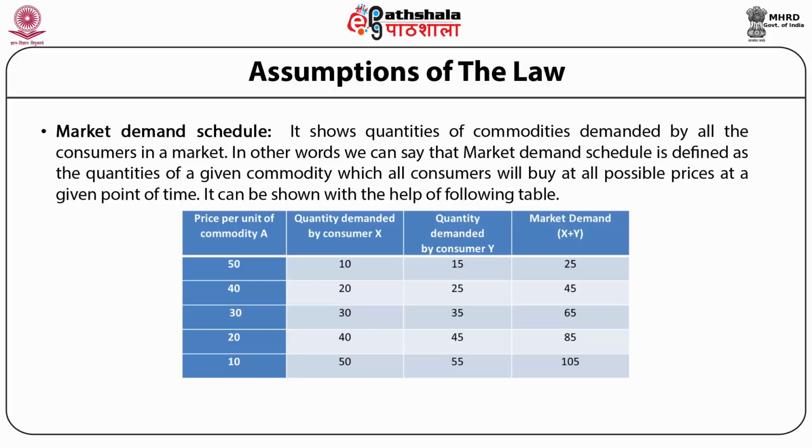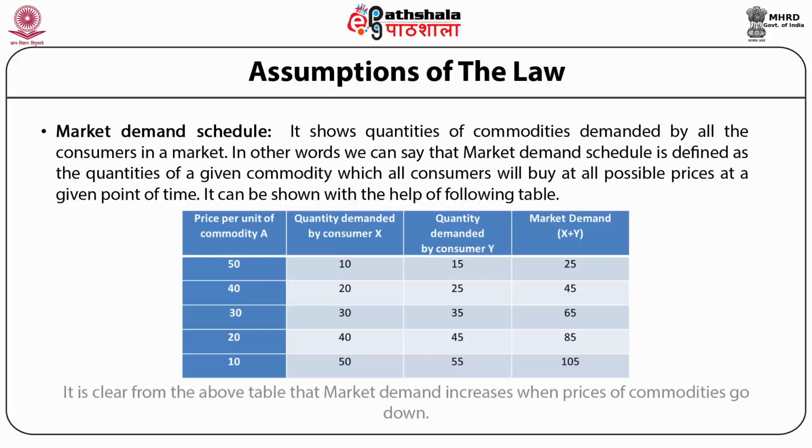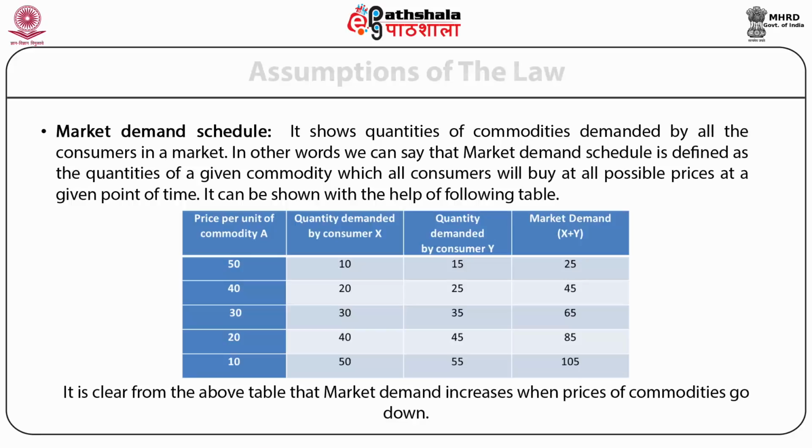It can be shown with the help of the following table. It is clear from the above table that market demand increases when prices of commodities go down.